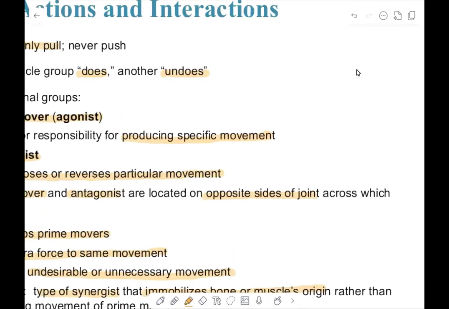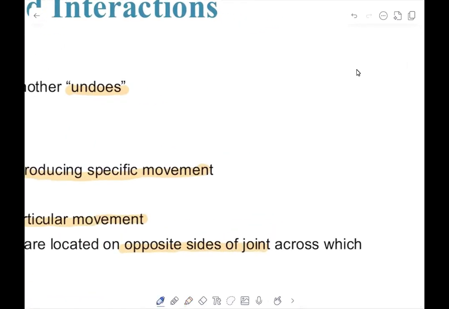There's an easy way to remember the actions of these muscles based on the side of the body that they're located at. So we're going to make a little chart here, which basically has three columns. The first column is going to be referring to whether it's the upper limbs or lower limbs.